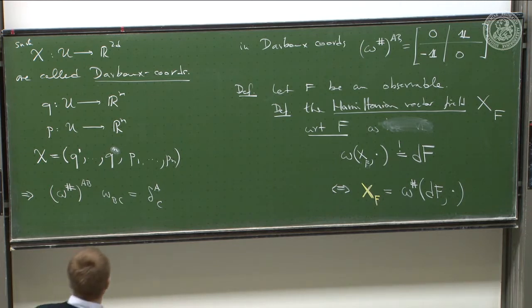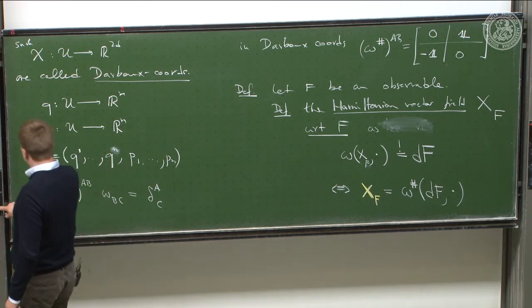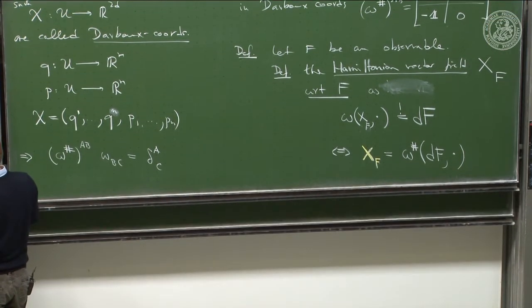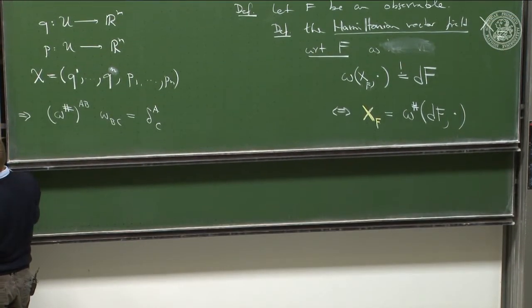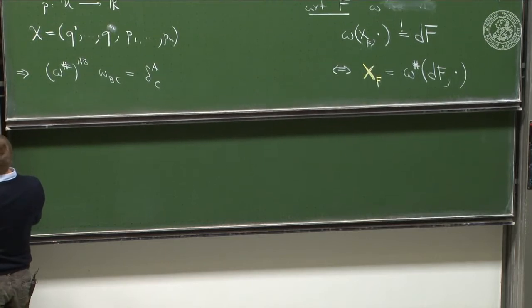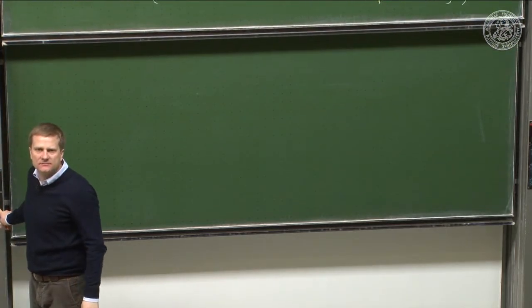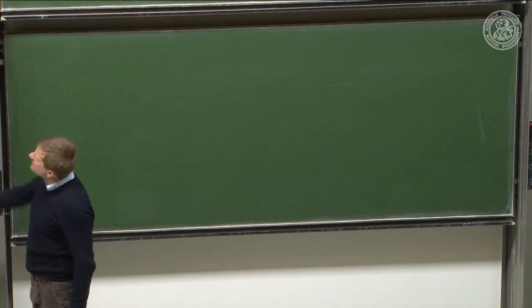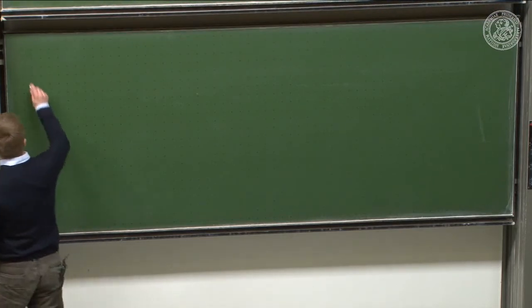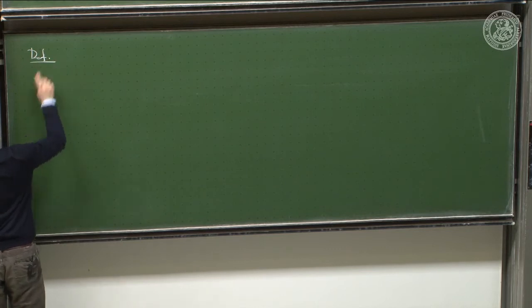And once we have that, we can, of course, define the familiar Poisson bracket. And note, in order to do this, in order to have the omega sharp, we needed the non-degeneracy condition of the omega. We haven't used the closedness condition yet, but that will become important in a second.